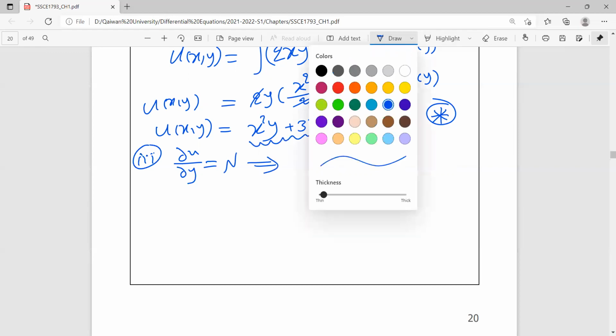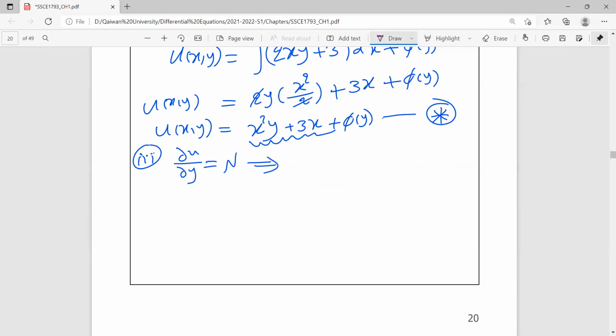This is u of xy. The first term is x squared y, so its derivative is x squared only. We just take the derivative for y. Y, its derivative is 1.